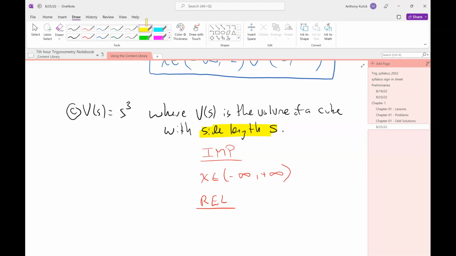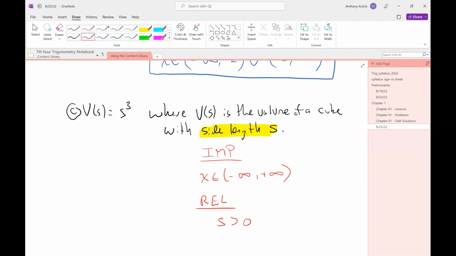And I don't even know if you want to have zero side length. I would accept it either way if this was like a test or quiz question. If you wanted to count zero side length as something, I think that's okay. If you didn't, that's okay. So we say that we know S has to be greater than 0.